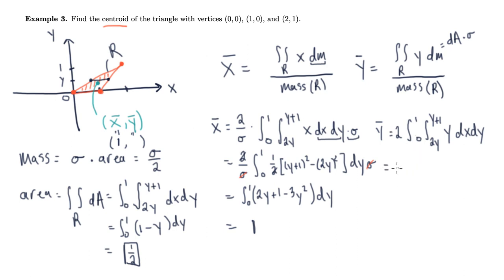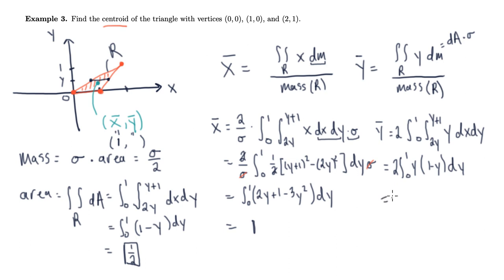And so I have 2 times the integral from 0 to 1. What do we get here? I just get y times y plus 1 minus 2y, which is just 1 minus y.